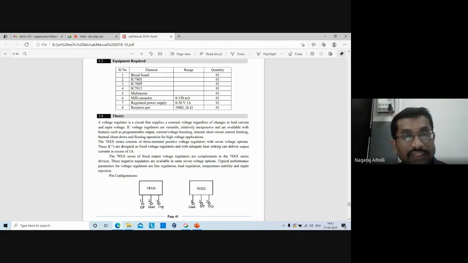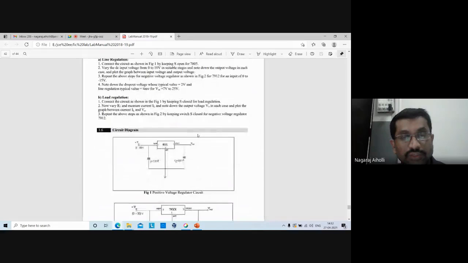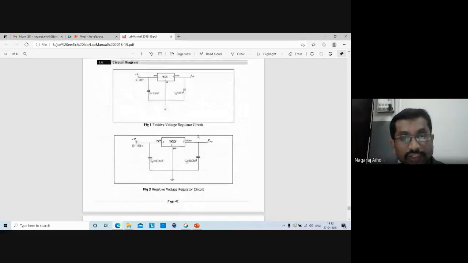So the last value, whatever is there, indicates the regulation voltage: in 7805, 5 means the regulation voltage; in 7809, 9 means the regulation voltage; in 7812, 12 means the regulation voltage. That means if you apply an input above 12 volts, the output remains fixed at 12 volts. Okay, so this is about the voltage regulation here.